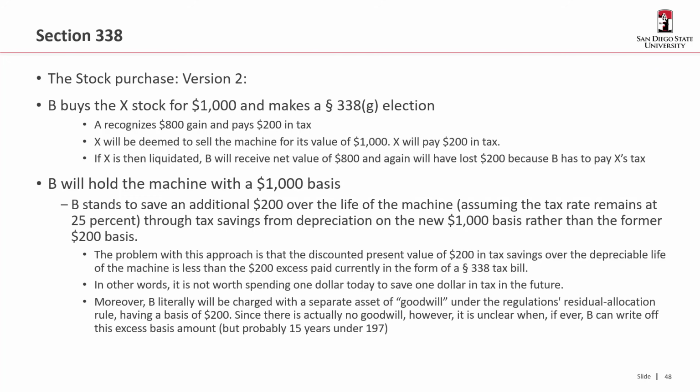So in other words, you can't really spend $1 today to save $1 in the future because that future dollar is worth less. Moreover, B will literally be charged with a separate asset of goodwill under the regulations' residual allocation rule, and that goodwill will have a basis of $200. But there is no goodwill, so it's unclear if B could ever write that off, but it's probably 15 years.